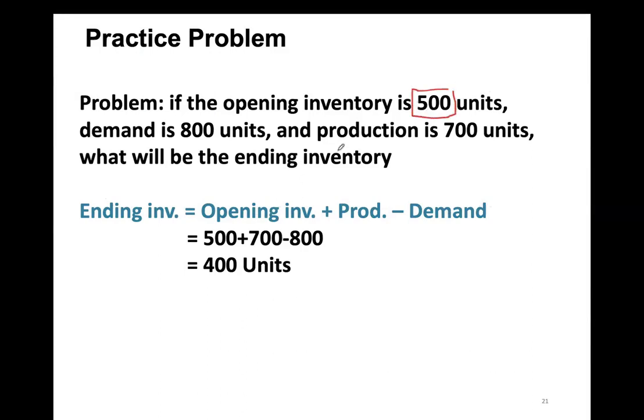And then production level is 700 units that will be added, minus demand or forecast is 800 units. So 500 plus 700 is 1200 minus 800 is equal to 400. So ending inventory will be 400 units, which means at the end of the production period, the organization will be left with this inventory.